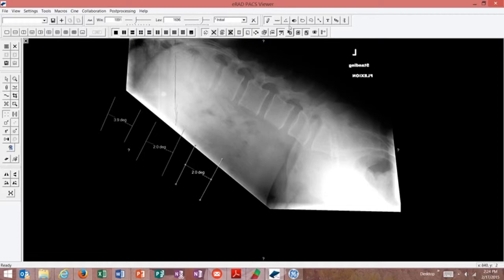Now let's draw one across the superior end plate of L4 and L5, for minus 8.1 degrees. And notice that that's a minus angle because these lines here are converging posteriorly.